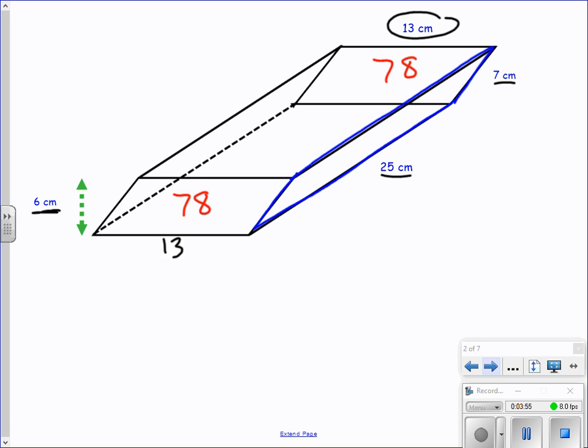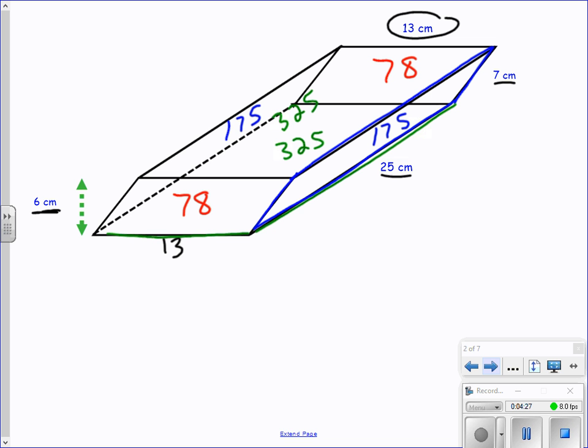So 25 times 7, you can do that on your calculator if you need to, it's 175. And same with this side, 175. They're twins. And then the top and bottom would be just 13 by 25. So 13 times 25, I think 12 25s would be 300, so 325 on the top and bottom. It's hard to write in top and bottom, but we have a top.